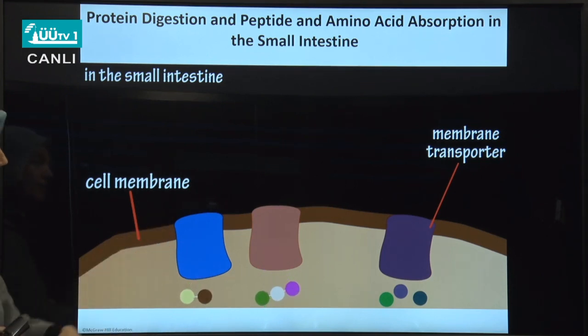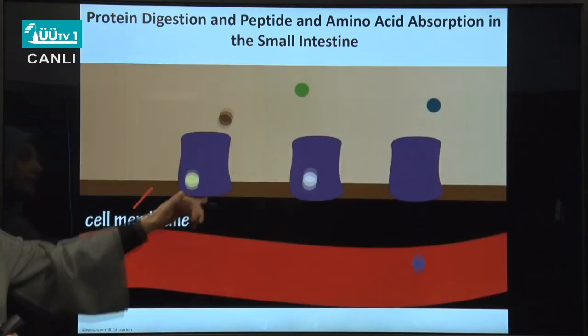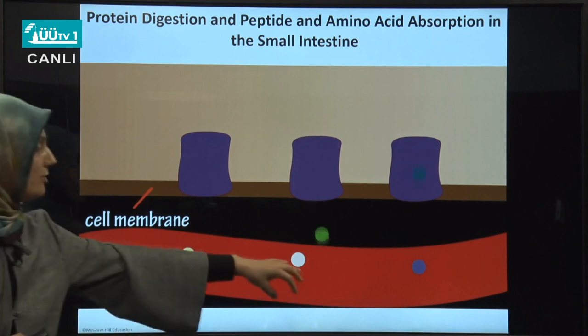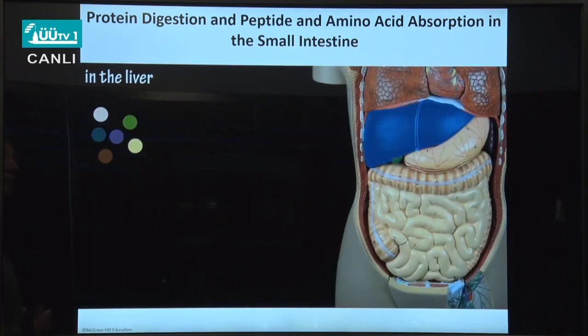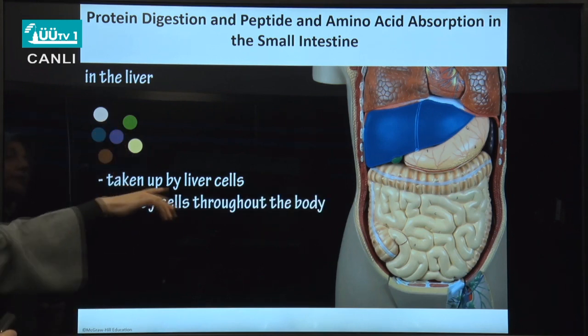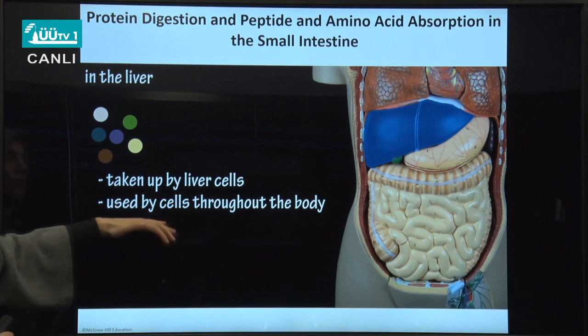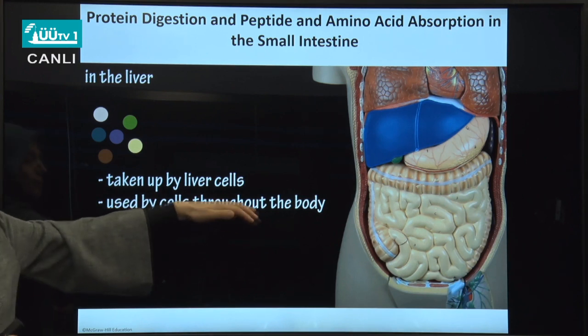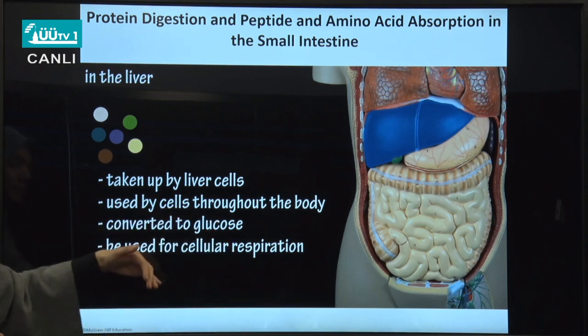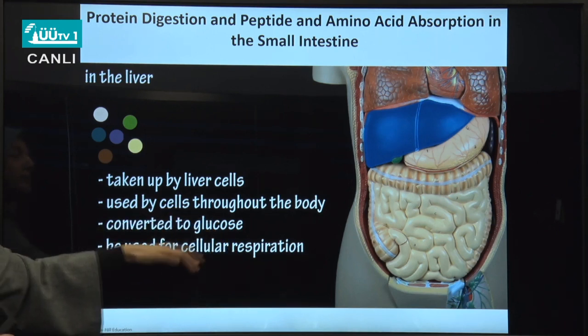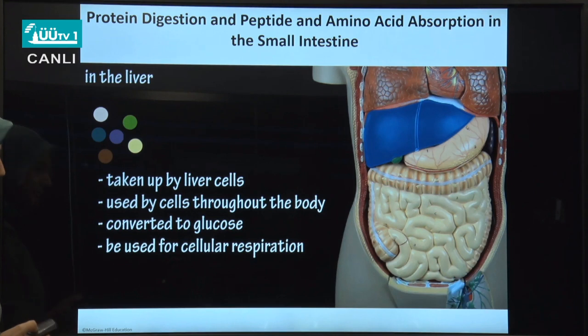And at the other side, they are transported into the capillaries like the monosaccharides, and then they go to the liver, and then they are taken up by the liver cells, or they are used by other body cells, or they are converted to glucose, or used in cellular respiration.